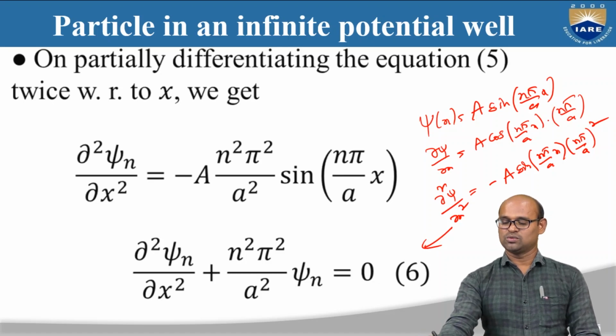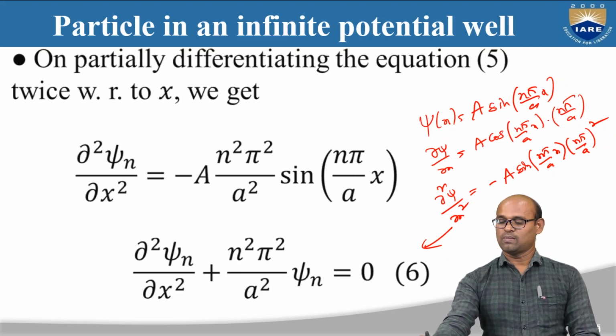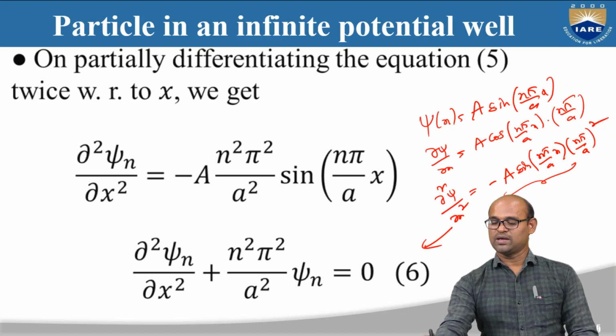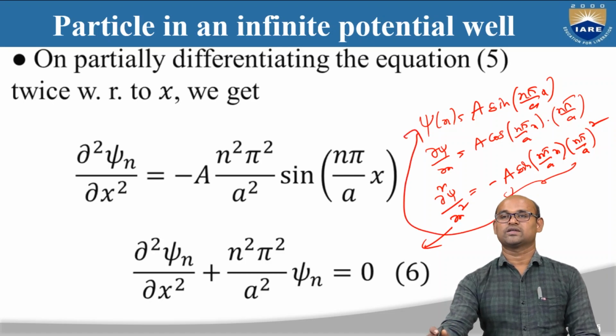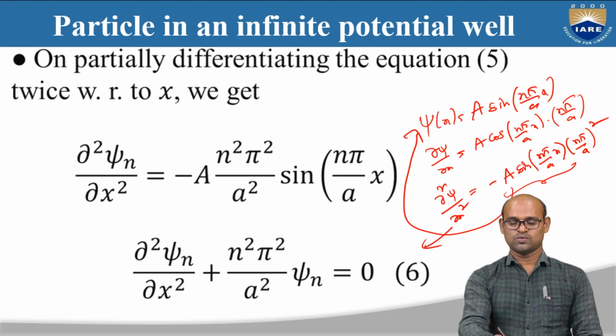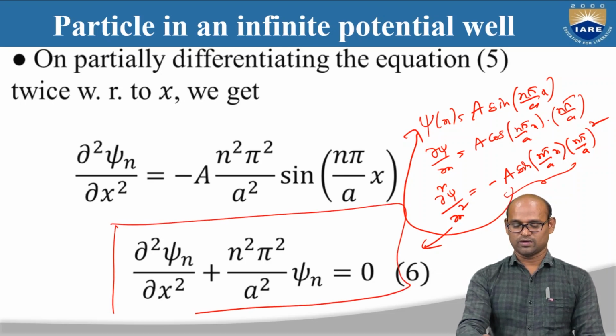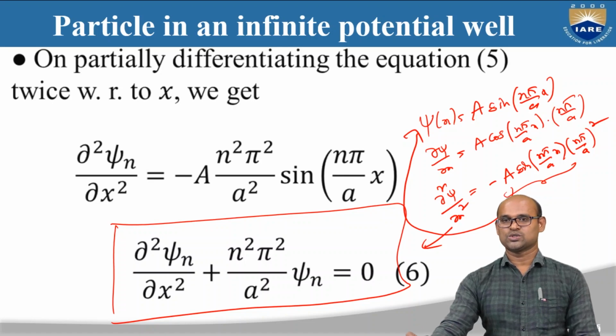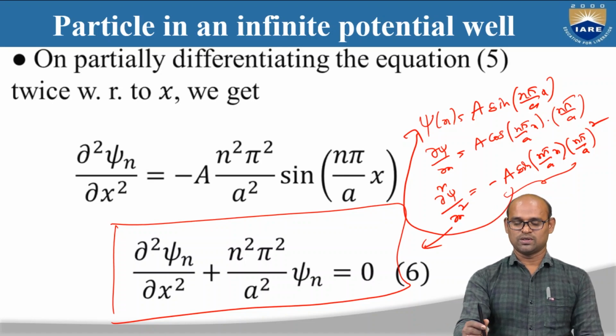So I am taking this to the other side, so dou square psi by dou x square plus n square pi square by a square, and a sine n pi by a into x is basically psi of x. Okay, so that is why I finally have this kind of equation, dou square psi by dou x square plus n square pi square by a square into psi is equal to 0.